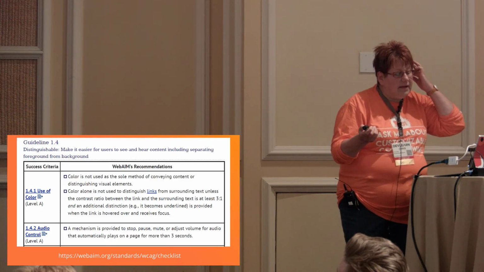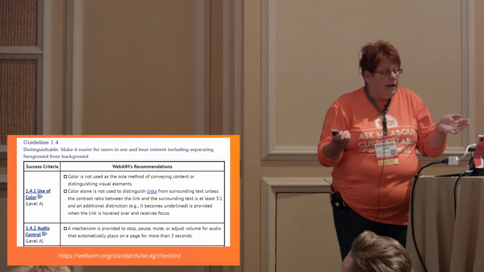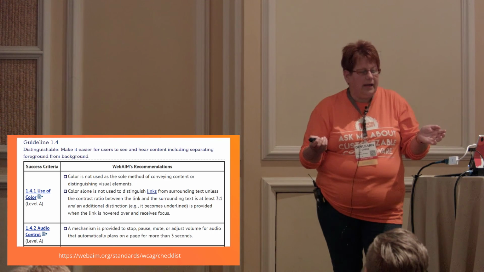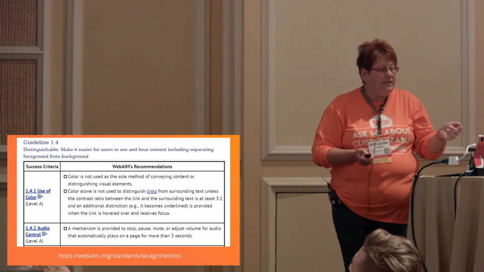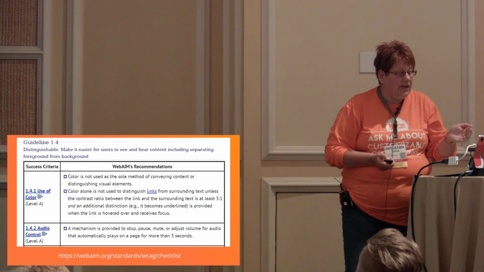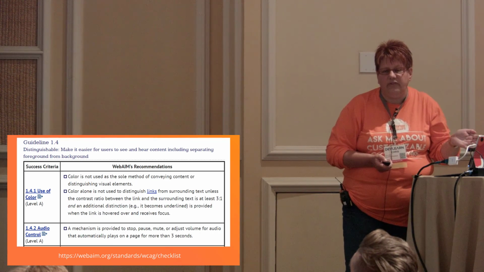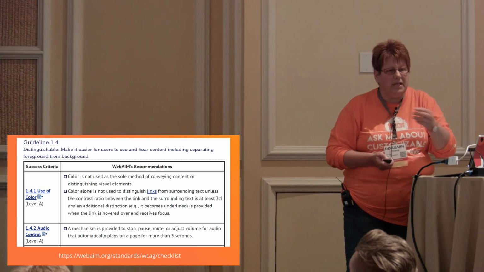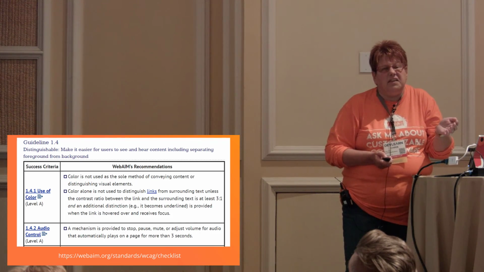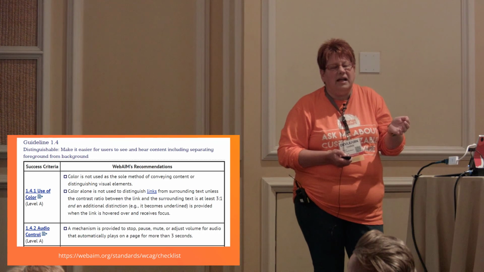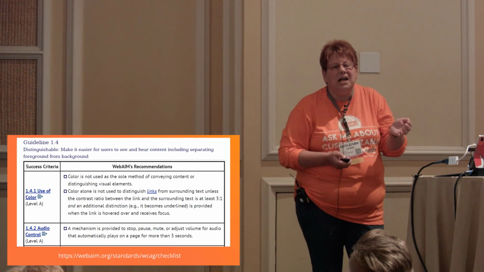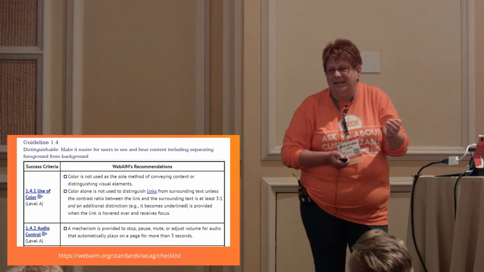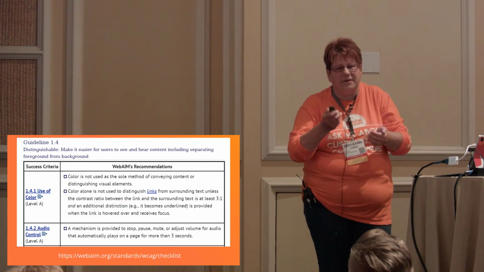So in the guidelines, when you're looking at the recommendations for, say, use of color at a level A, color is never the sole method of conveying content or distinguishing visual elements. I'll show you an example of that in a minute. But it means basically that if you have something that's red light, green light, yellow light, somebody who is colorblind is not going to be able to tell necessarily the red light, the green light, the yellow light.